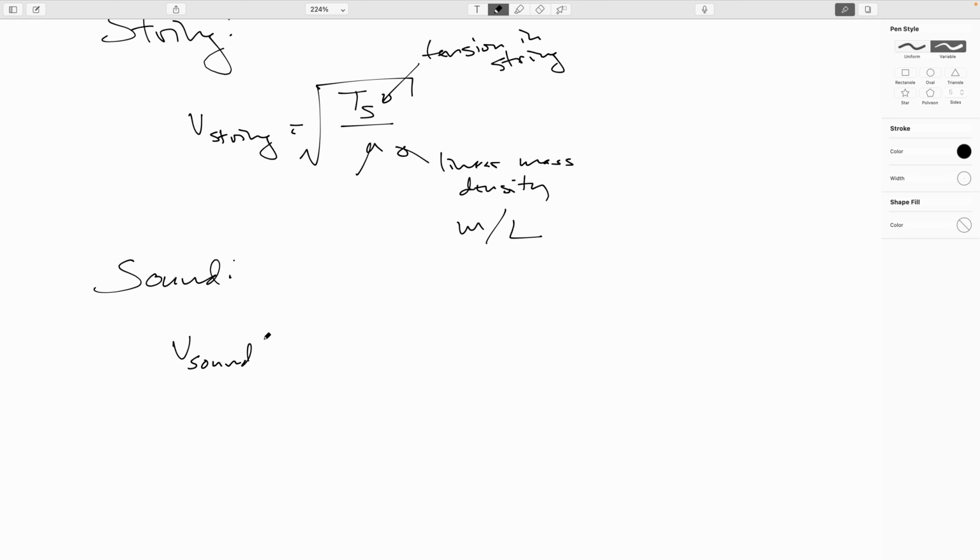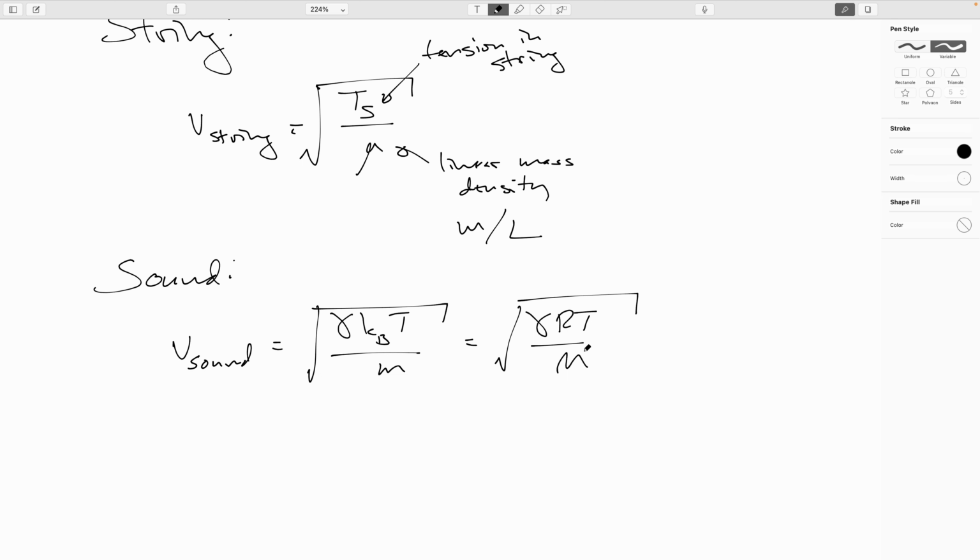So again, I'm just going to quote the result. You can write it as gamma times Boltzmann's constant times the absolute temperature over the mass of a particle, or if you prefer working in moles, you can write this as gamma RT over the molar mass.